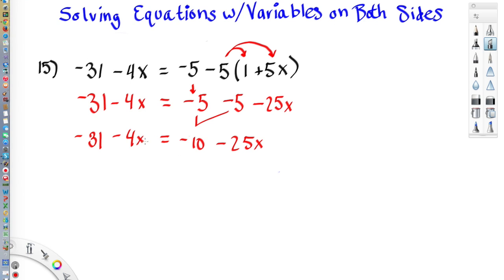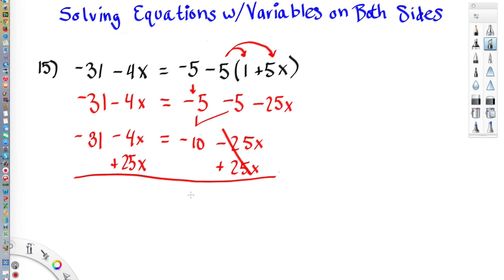I see I have x's over here and x's over here. I'm going to attack the little guy. And which is smaller, a negative 4x or a negative 25x? Well, a negative 25x is. And how do I get rid of a negative 25x? I add 25x. And what I do to one side, I will do to the other.